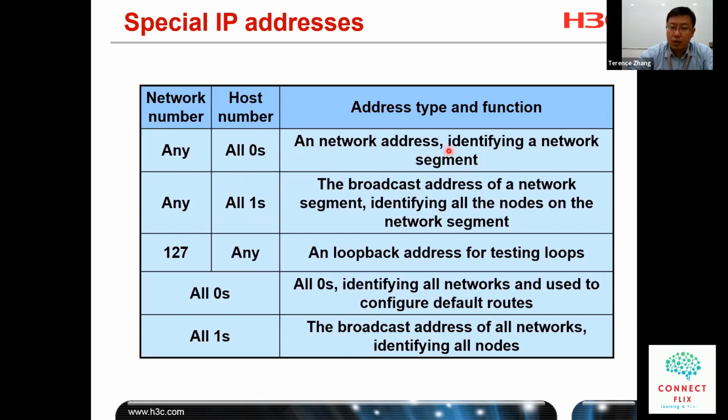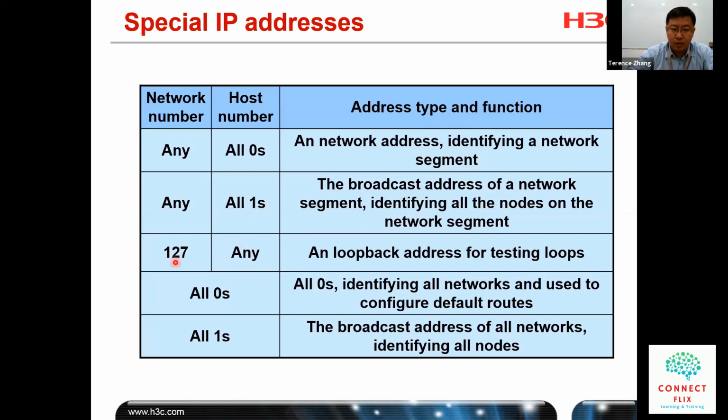For example, 10.0.0.0 is a network address, because the host number of the address is all 0. It doesn't represent a specific host, but a specific network segment, right? But if the host number is all 1s, that is the broadcast address of this network segment.